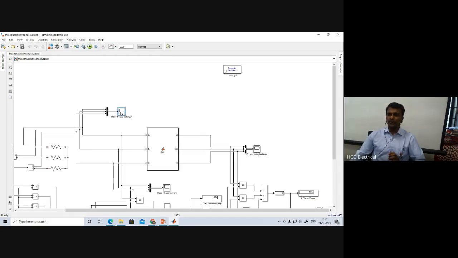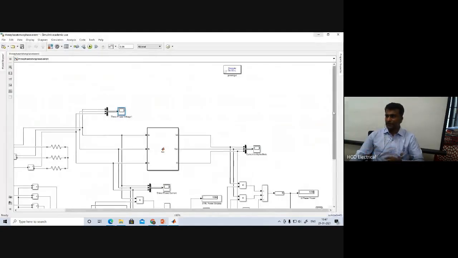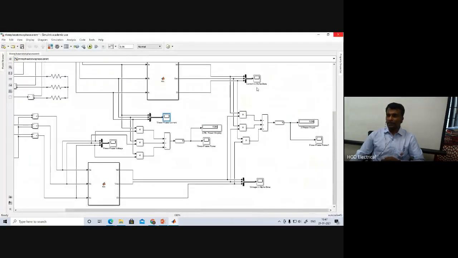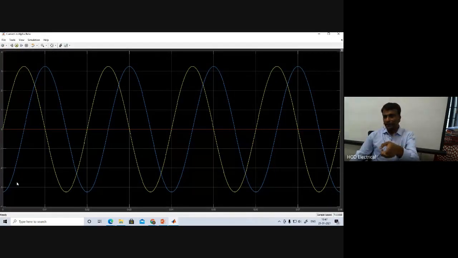In this conversion also, we can see the same three-phase waveform. Current is also here, you can see. Then current in the alpha beta reference frame. Why here is beta lagging?